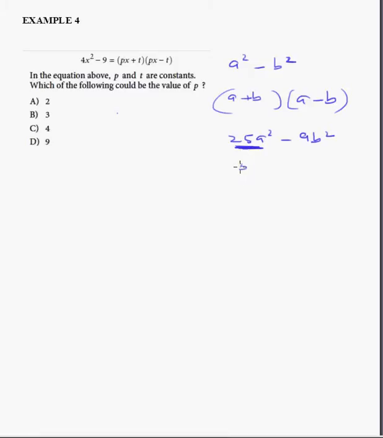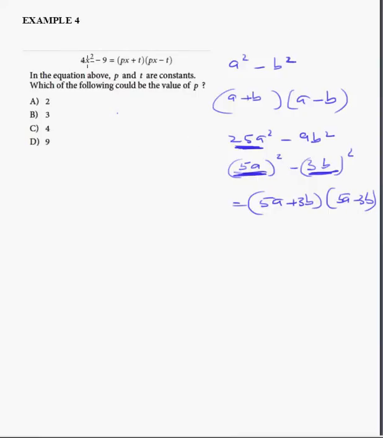So I can say this is 5a all squared minus 3b all squared. And so this becomes 5a plus 3b times 5a minus 3b. So you always have to plan it that way so that it becomes difference of squares. So this becomes a square, this becomes a square, perfect square, and then you can subtract them.